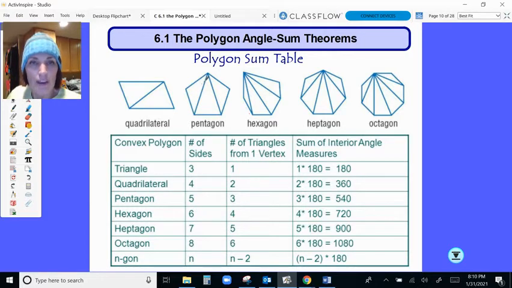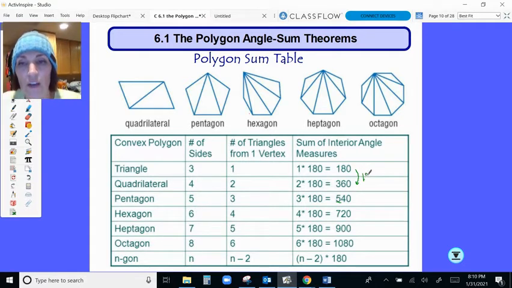Okay. We can take my pentagon like we did on the previous page and divide it into 3 triangles. So 5 sides gets 3 triangles. So I take those 3 triangles, multiply it by 180 degrees, gives me 540 degrees. Okay, so you'll notice each one of these increases by 180 each time. Up by 180, up by 180, up by 180, etc. Because we're adding a triangle basically every time.